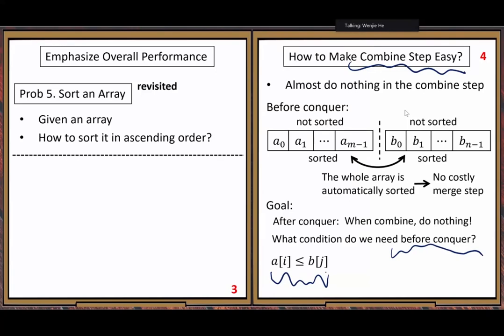So this tells us the values of all the elements in the A subarray must be less than or equal to any element in the B subarray. That's simple. That's the key condition. And when we do the divide step, we need to make sure we have this property.